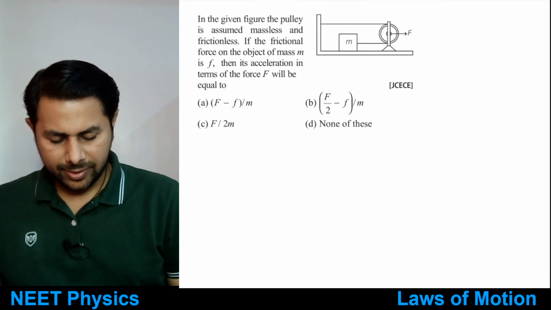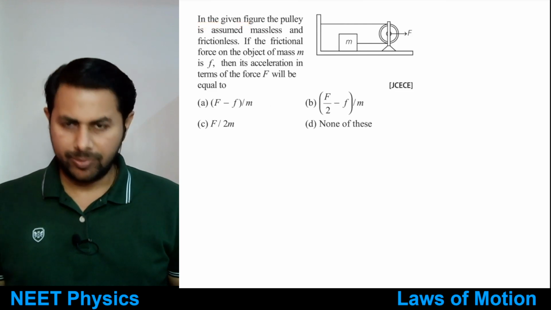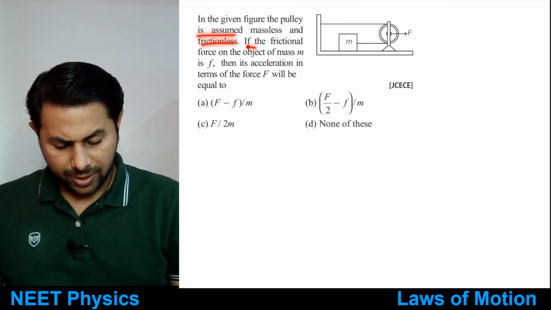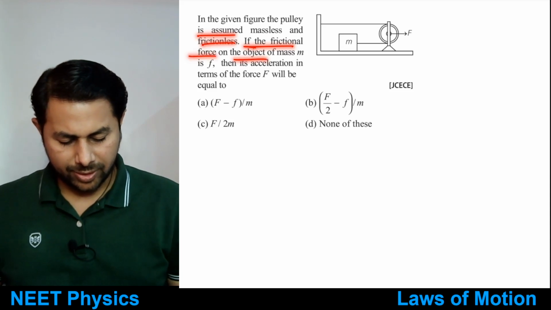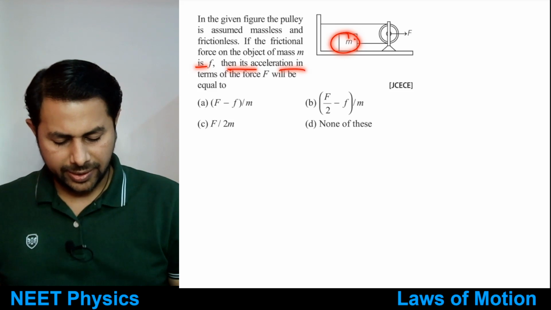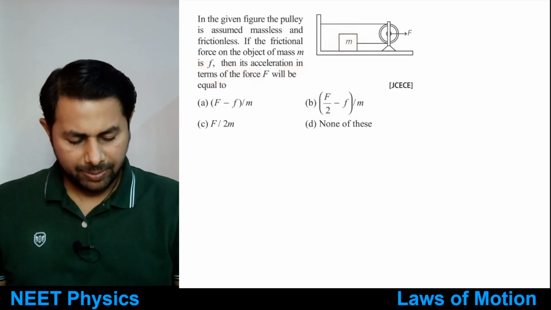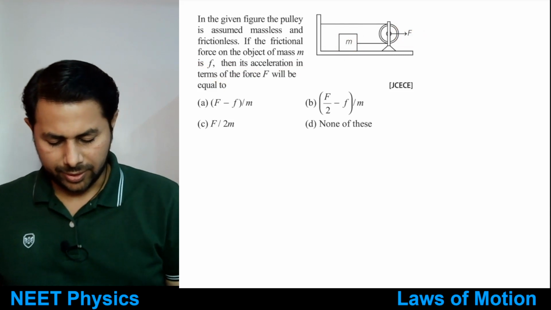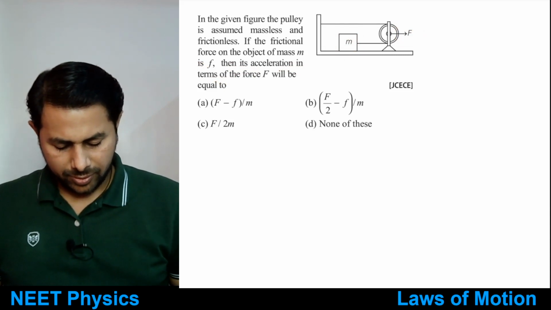Let's see the next one. In the given figure, the pulley is assumed massless and frictionless. If the frictional force on the object of mass m is f, then its acceleration in terms of force capital F will be equal to what? So here you have this pulley.